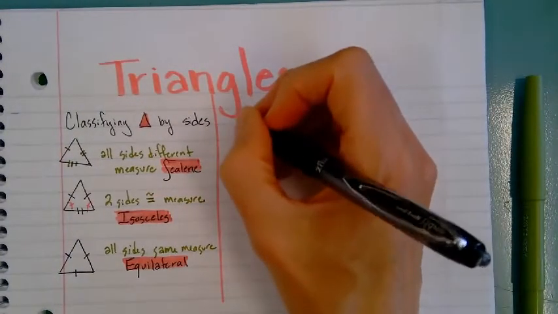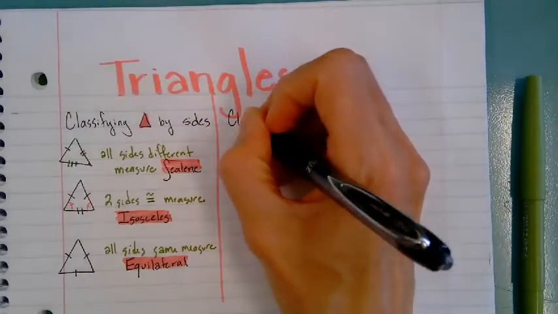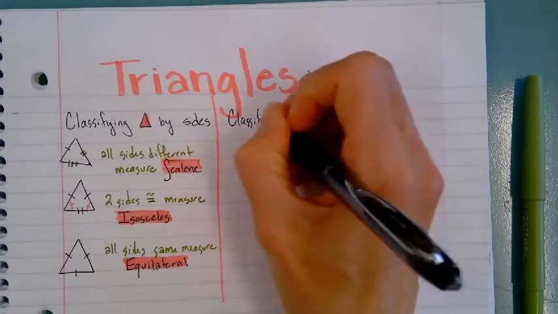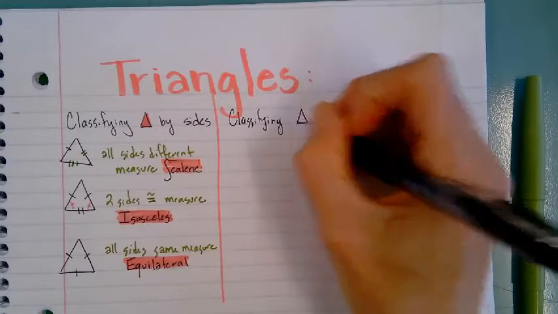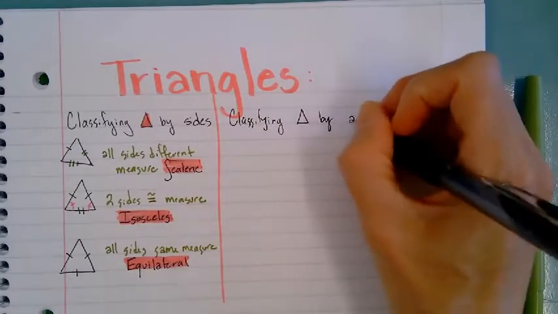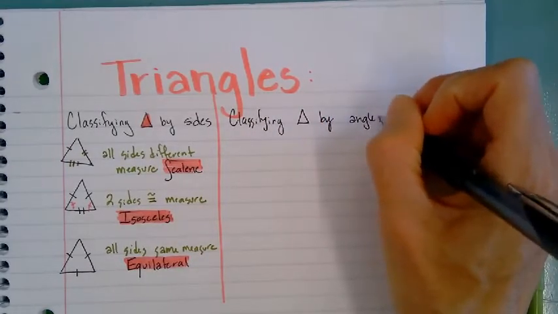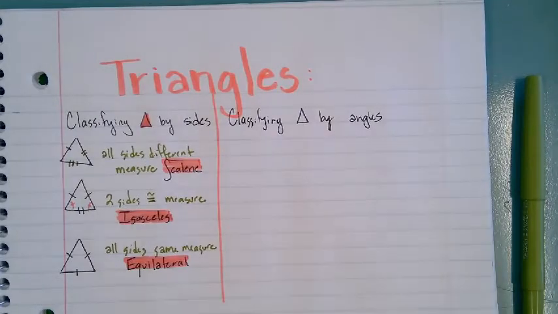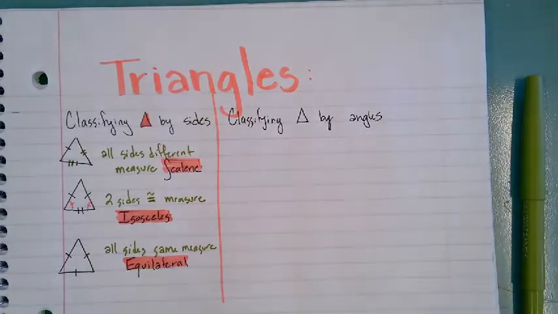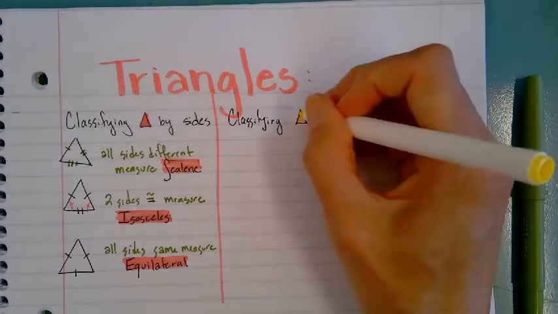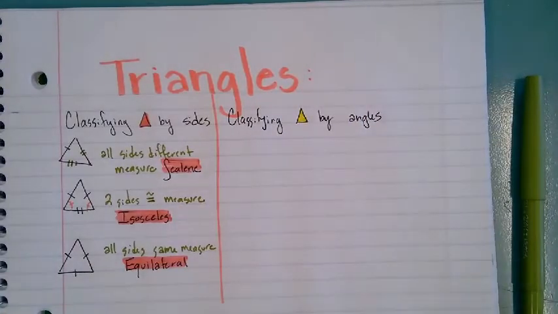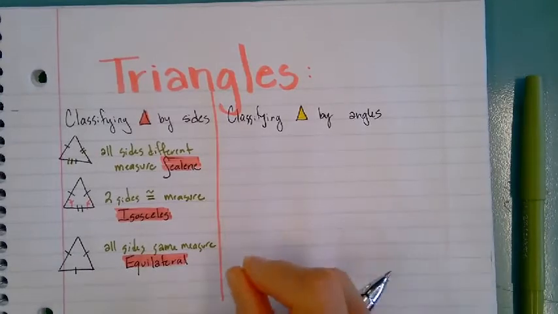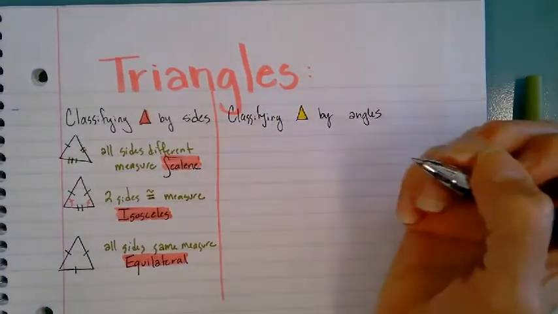Next, we're going to classify triangles by their angles, their angle measures. Use yellow. So the angles are the inside measurements. How open is an angle?